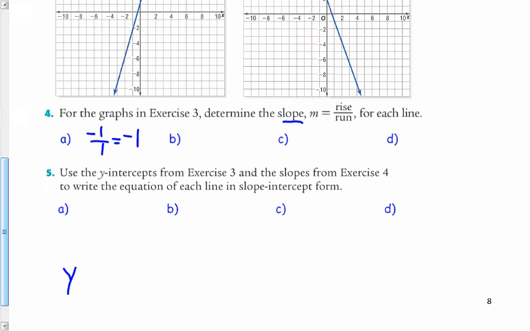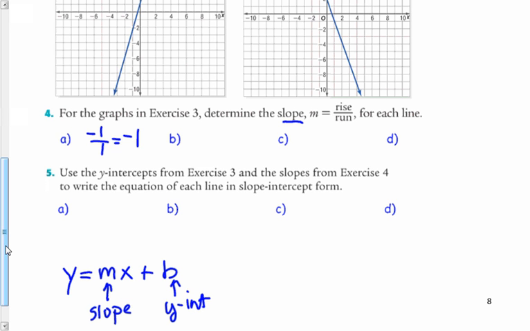Right? And then number 5 says use the y-intercepts from exercise 3 and the slopes from exercise 4 to write the equation. Now remember, here's the equation form. The slope goes where the m is, the coefficient is the slope, and the y-intercept is the b part, or the constant term.